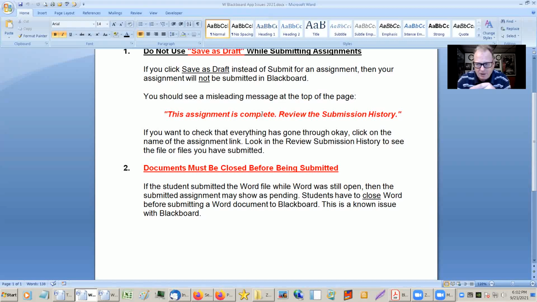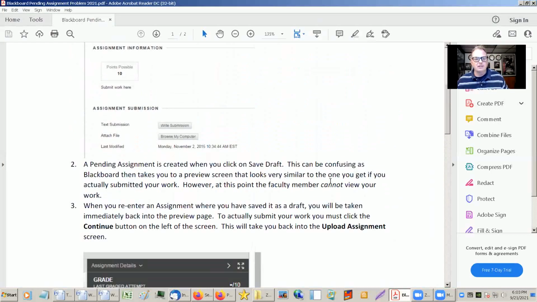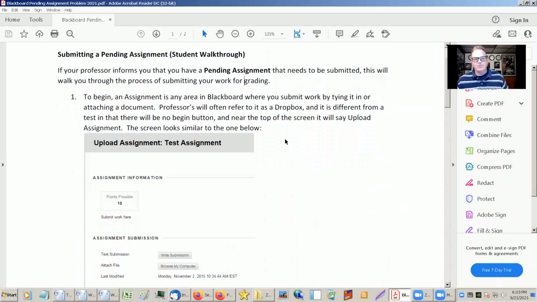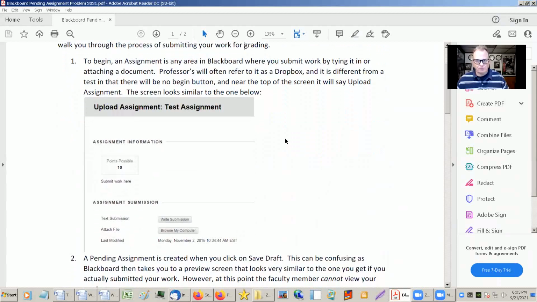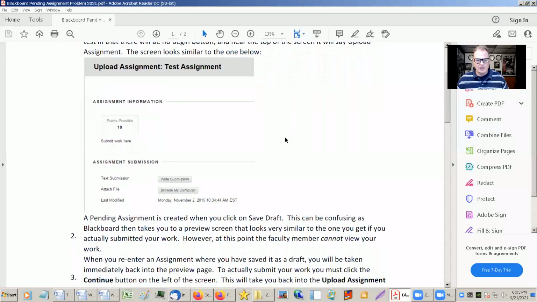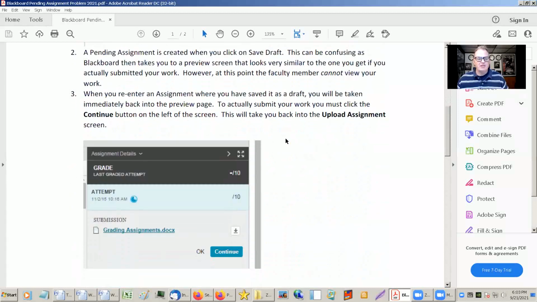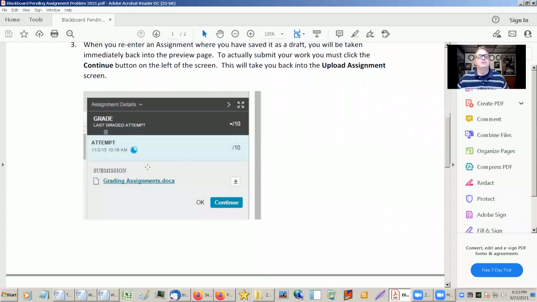Now, there's another file that I'll pull up right now. It's called Blackboard pending assignment. If you submit the assignment and you do save as draft, this is what I see.